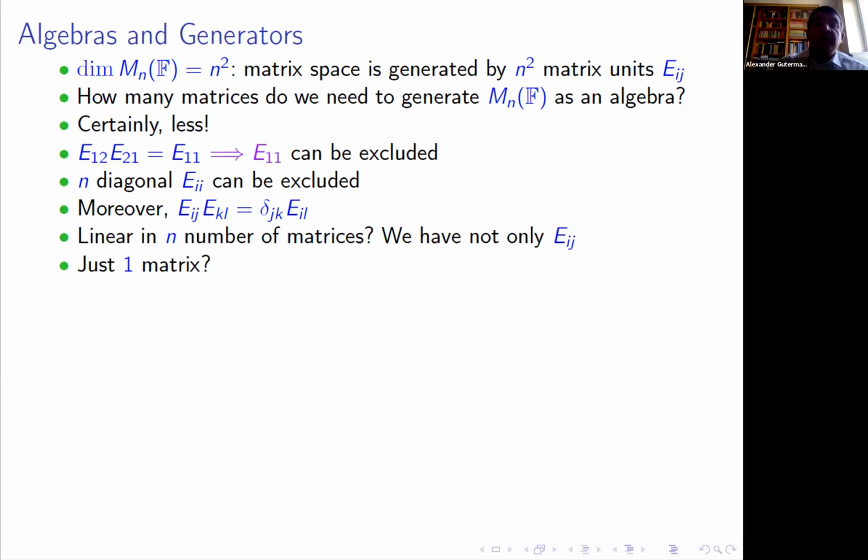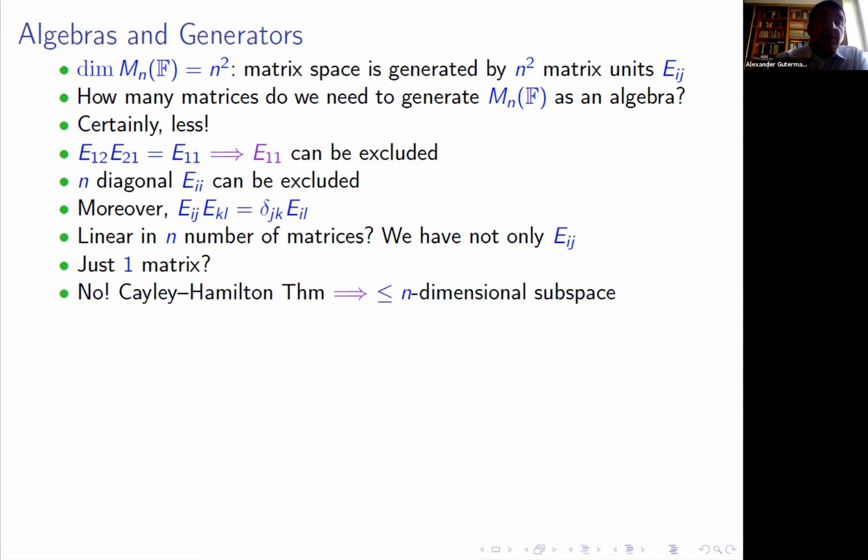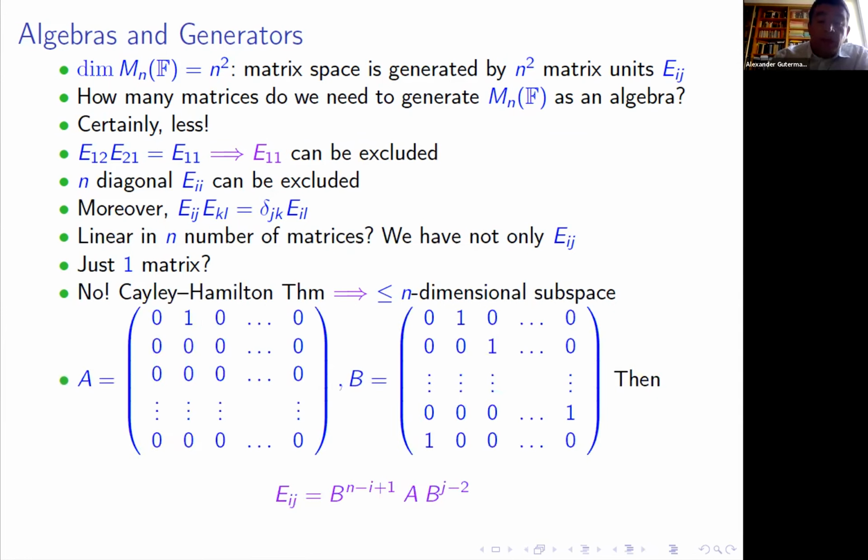Instead of going down from the existing number of generators, let us see: if I have one matrix, is it possible to generate the algebra of matrices? Certainly not, because there is a Cayley-Hamilton argument saying that the maximal space that could be generated in this way is n-dimensional. So one matrix is not okay, maybe two.